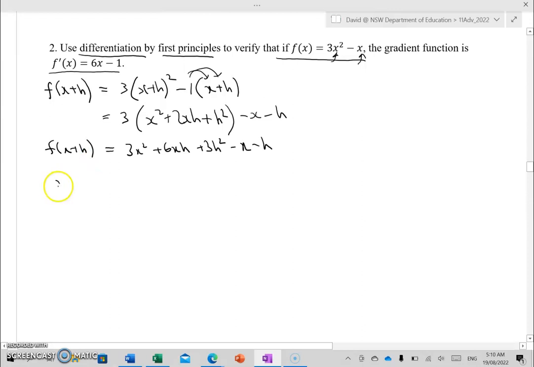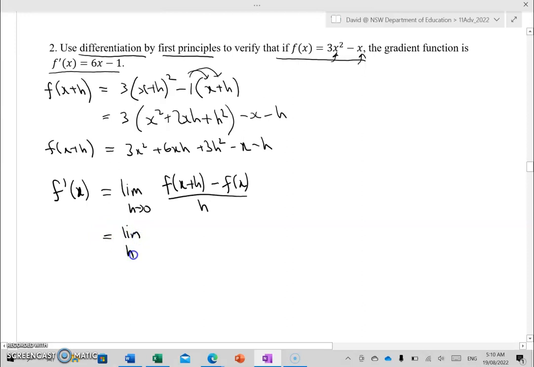So now we're going to use the definition of the gradient function, which is the limit as h goes to 0 of the difference quotient: f of x plus h minus f of x over h. Okay, and now we're going to substitute in.